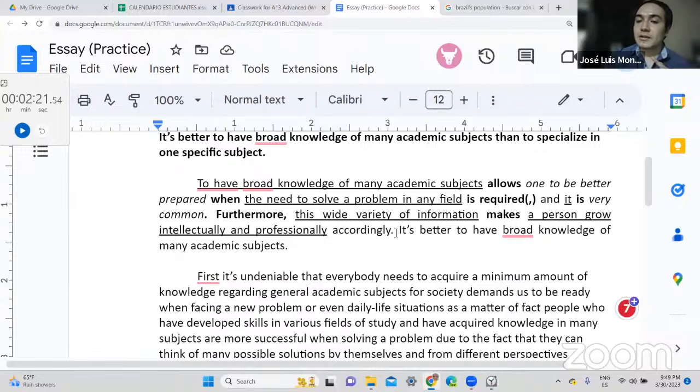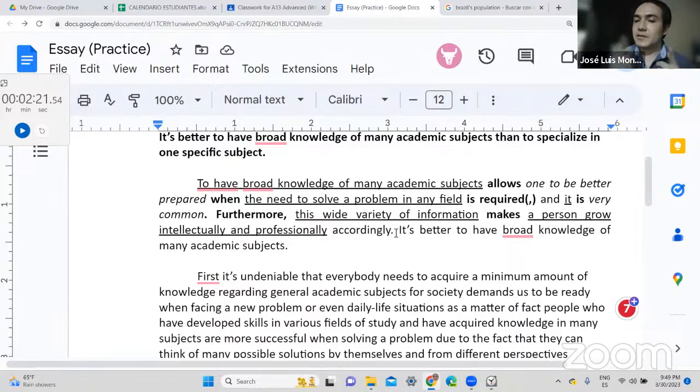All right. So I don't know if that makes sense, but if we follow that logic here, we cannot use accordingly because we are not correlating these characteristics of intellectually and professionally with two things before. That's why we can say that this accordingly then must be part of the next one, because we need another group to compare and to create that correlation.